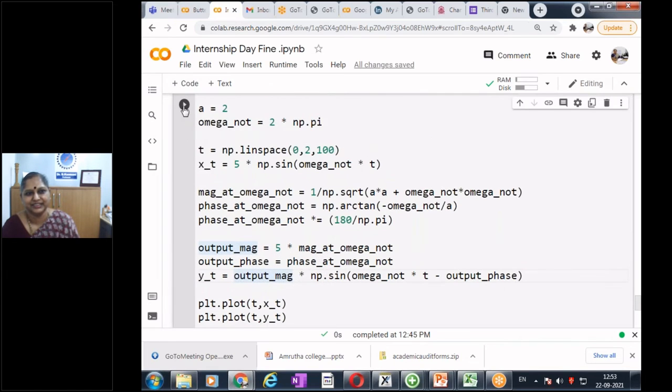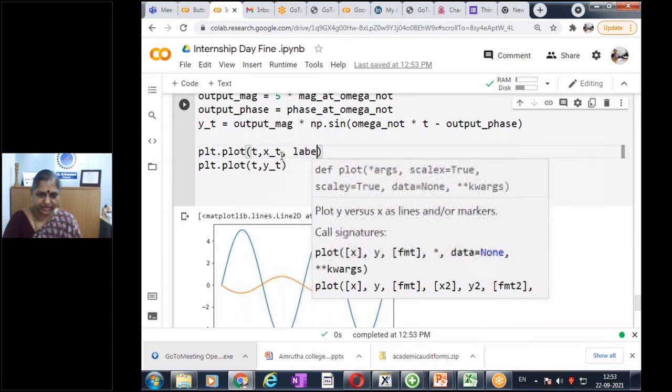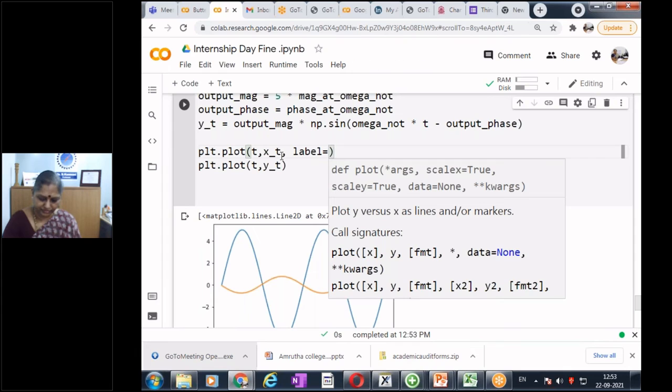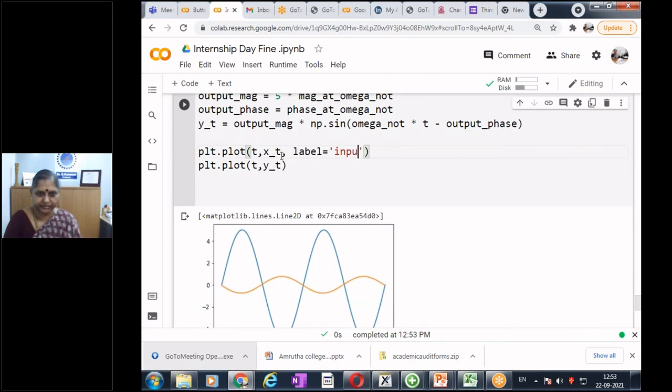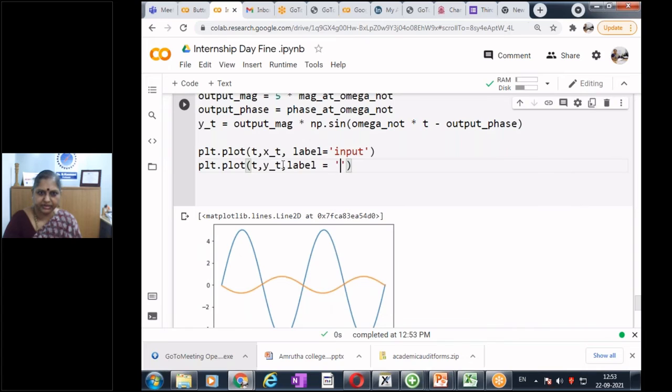I hope it runs. Yes, I have my output. And let me put the labels. This label is the input, and this label is the output.